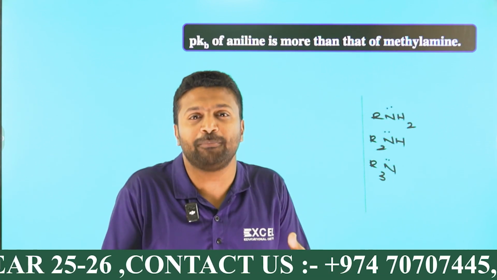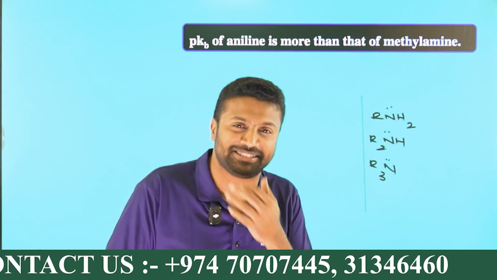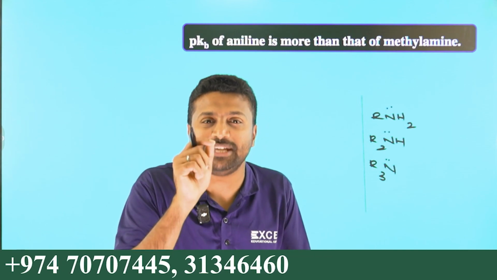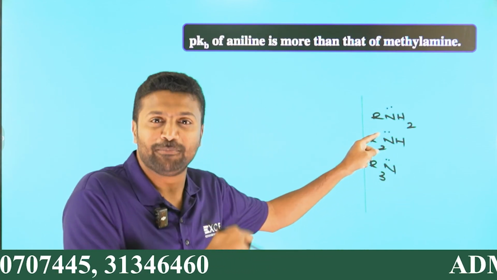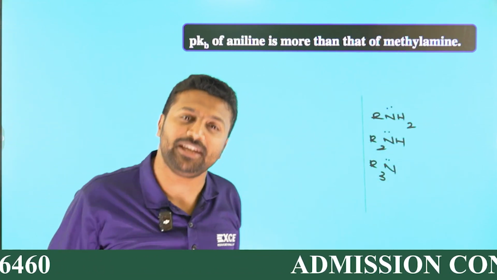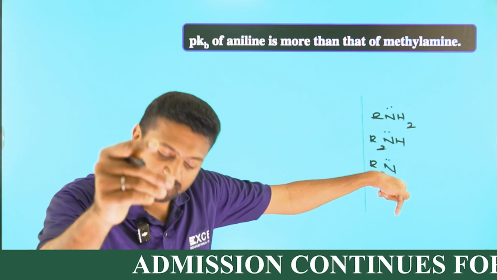If the availability of the lone pair is decreasing, basic nature will be decreasing. Whether it is a primary, secondary or tertiary amine, they are all basic because of the availability of this lone pair.